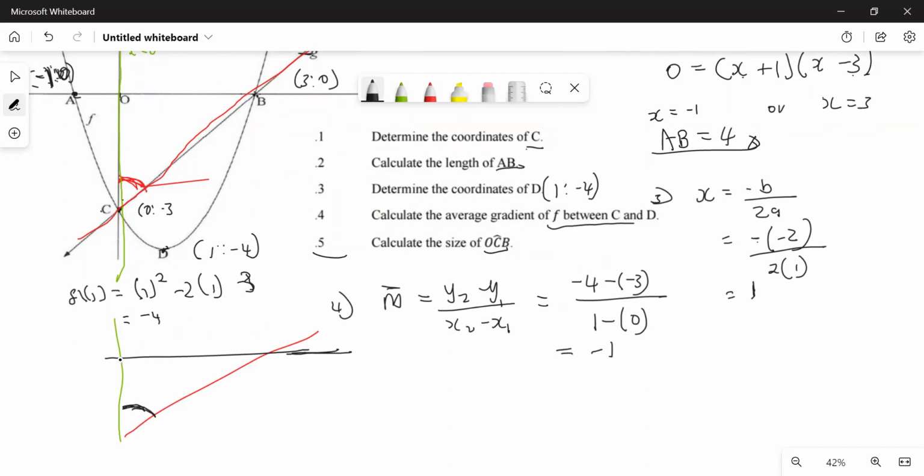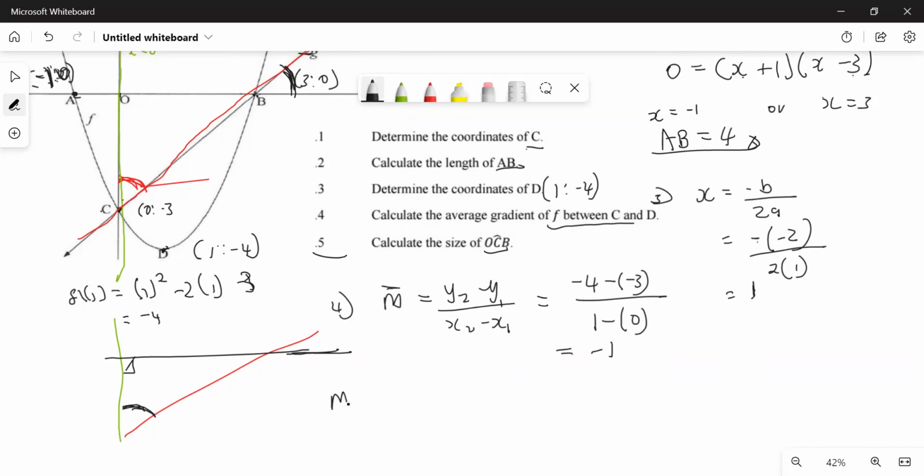One thing that we know is that when the y-axis intersects with the x-axis, they give us a 90-degree angle here. So that one is fine. The next thing that we want to get now is this angle of inclination here. Before we can get an angle of inclination, we are going to make sure that we calculate the gradient of line BC.